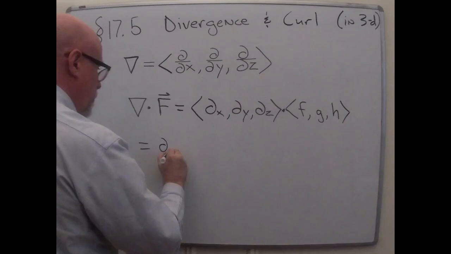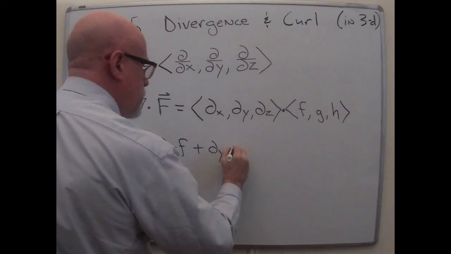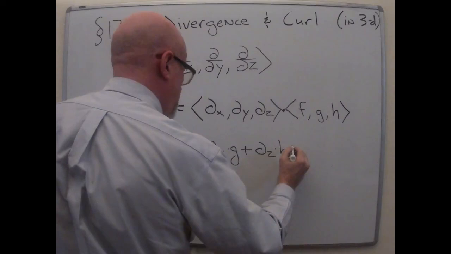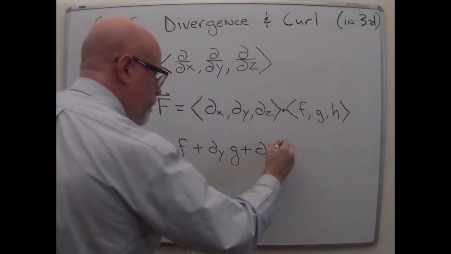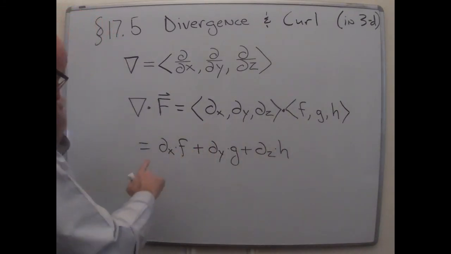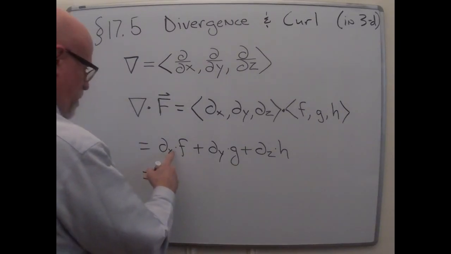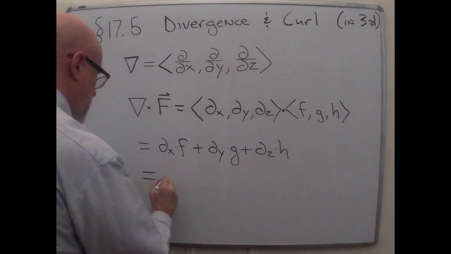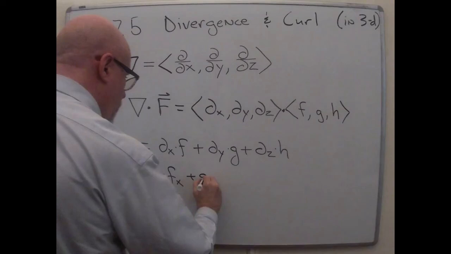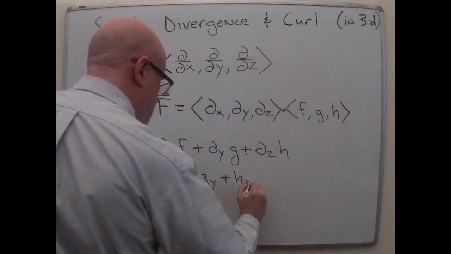Just formally, we get partial x times f plus partial y times g plus partial z times h. I was about to write a vector brace on the end of it, but that would be wrong, right? Because when we do the dot product of two vectors, we get a scalar. So now we'll do the part where multiplications turn into just apply the operation. So we'll get the x derivative of f plus the y derivative of g plus the z derivative of h.